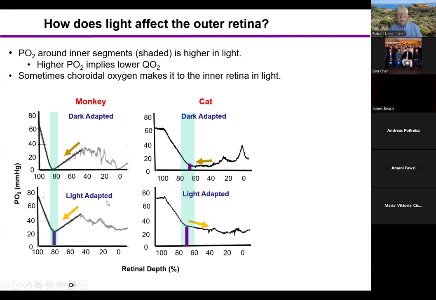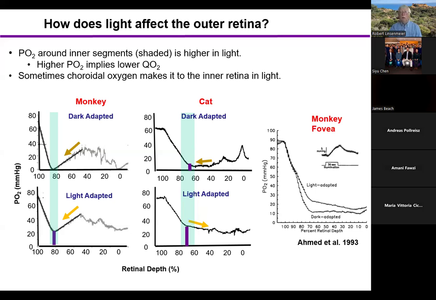And a higher PO2 implies that less oxygen is being used, more is left over in the retina. So in light adaptation, the oxygen utilization of the photoreceptors is lower. Sometimes, as is shown in this light adapted profile from cat, choroidal oxygen diffuses all the way to the inner retina.